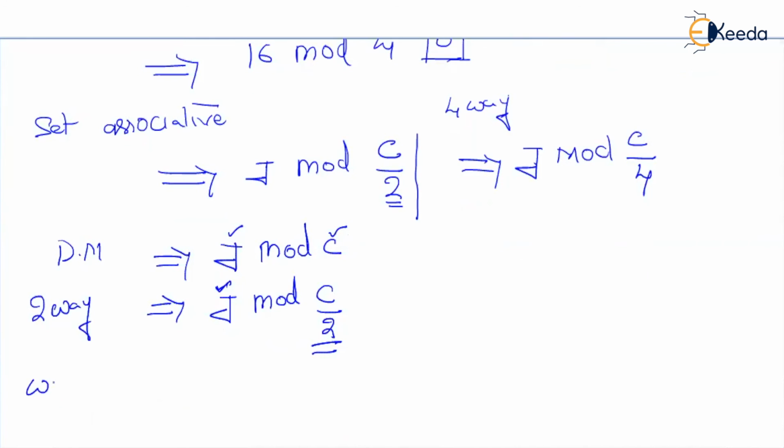In 4-way, J mod (C by 4). J is the reference block, C by 4 is the total number of sets in the cache memory. Okay, these are the important rules that need to be understood before you solve any question.